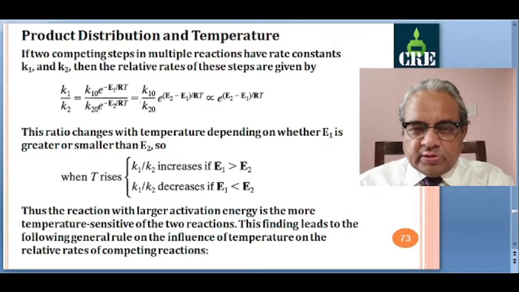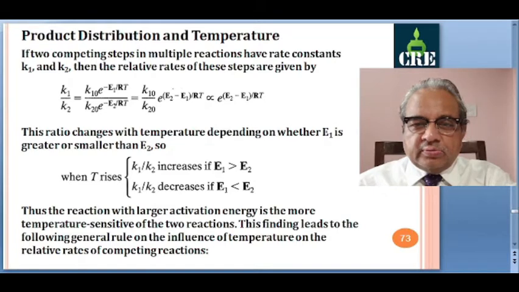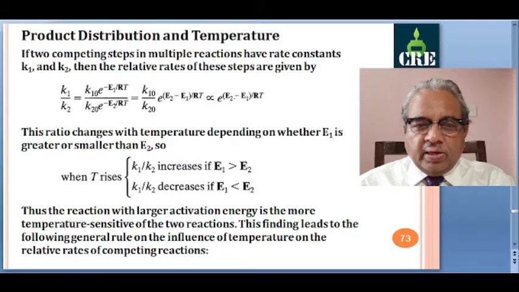This frequency factor ratio we can write K10 by K20, and this we can combine as e raised to E2 minus E1 by RT. When this minus E2 goes in the numerator, it becomes plus. So e raised to E2 minus E1 by RT.